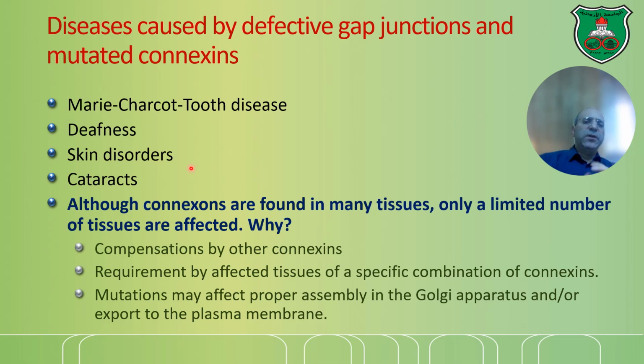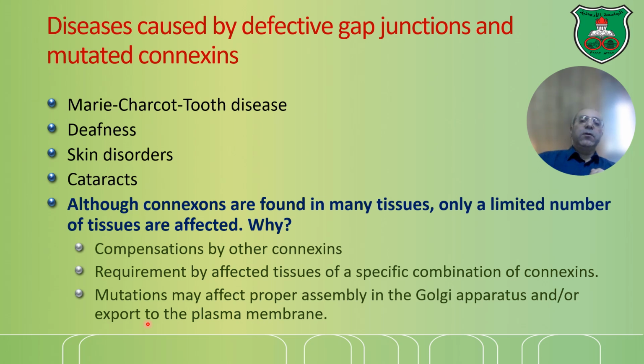But there's something a bit puzzling. Although connexons are found in many tissues, only a limited number of tissues are affected. And this is puzzling. Why is it that two different tissues express the same connexin, yet one of them is affected but the other is not?